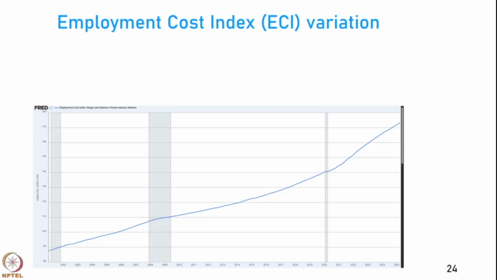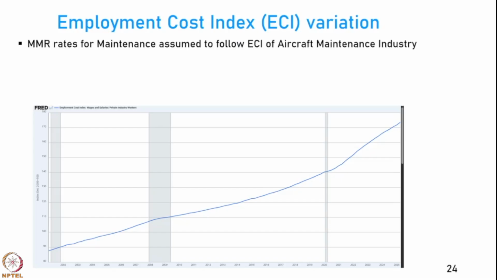Now, to get the numbers scaled up from 1996 to the year 2025, we need to look at two indices. One is the Employment Cost Index, ECI, which tells us how the man hour rate for aviation maintenance is increasing. So, what I have done is I have assumed the maintenance man hour rates follow the ECI of the aircraft maintenance industry.